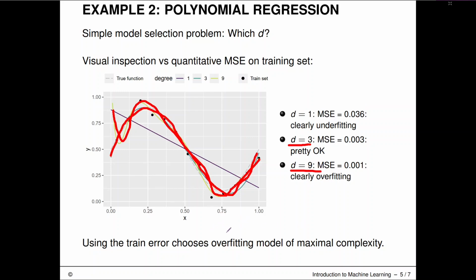So our training error procedure, if we would employ that for model selection, is not only wrong in terms of the estimated error. If this would work perfectly, let me backtrack from that. It's at least very wrong in terms of selecting the appropriate model. It actually chooses here the most overfitting model of maximal complexity.